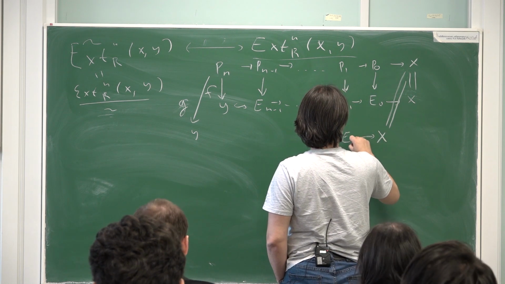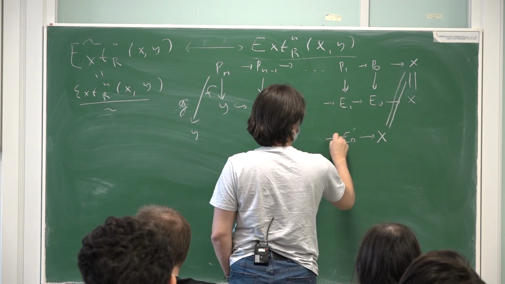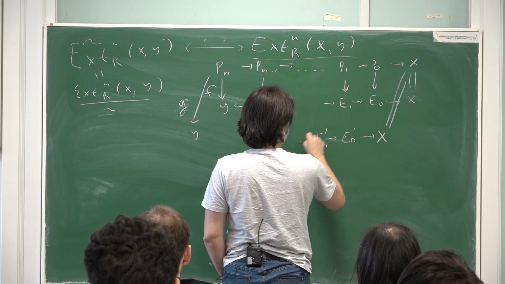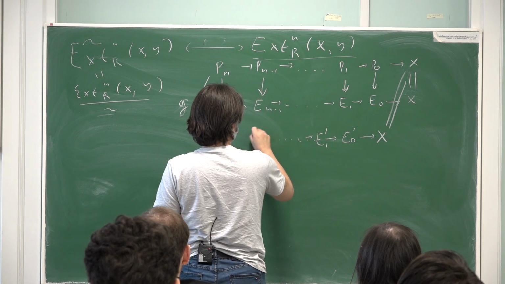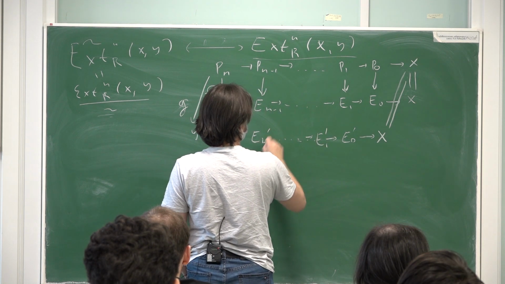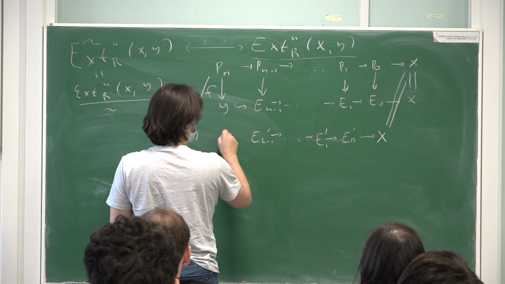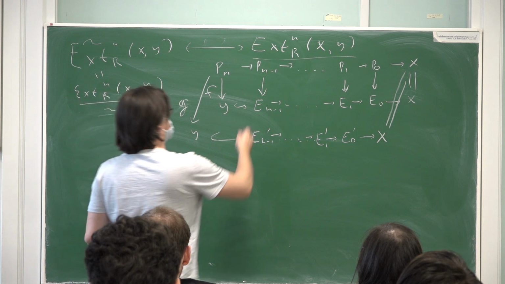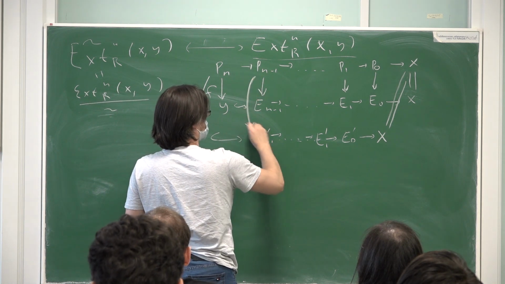Here 0 prime, and so on, x1 prime, y, and again we have such maps.